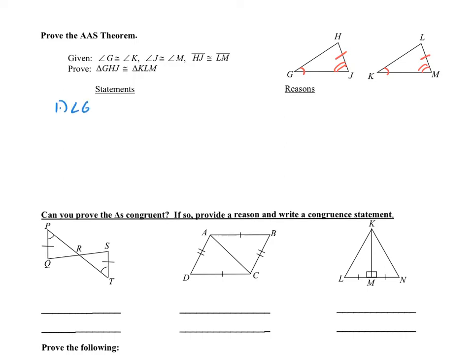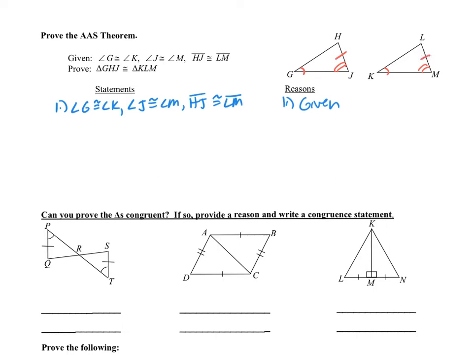We have angle G congruent to angle K, angle J congruent to angle M, and we have segment HJ congruent to LM. So now, the reason for that is given. We're assuming that to be true. Now, if I just had one more pair of parts congruent, then we'd be in good shape. If you'll recall from our last lesson, we had a theorem that said if two angles of one triangle are congruent to two angles of another triangle, then we can conclude that the third angles are congruent.